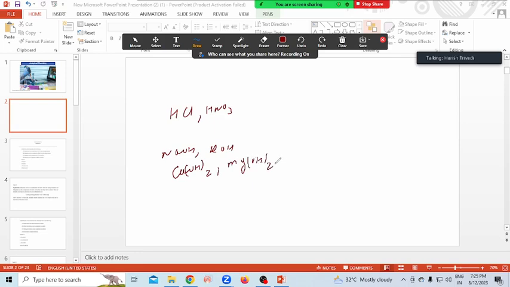These are all strong electrolytes. Many salts like NaCl, barium sulfate are known as strong electrolytes.